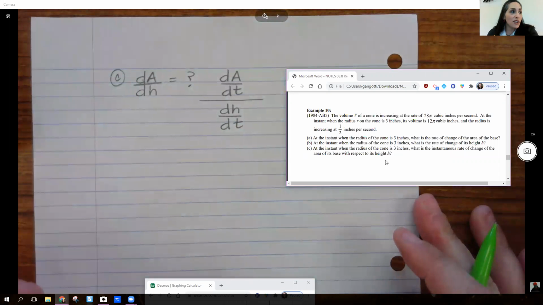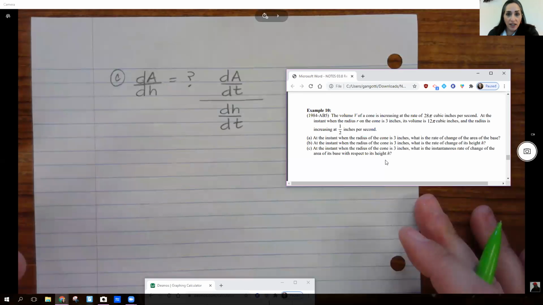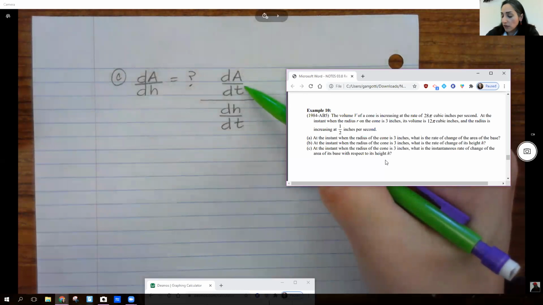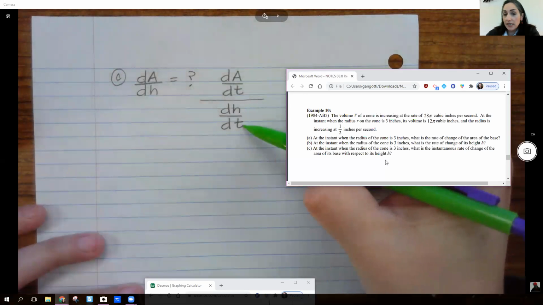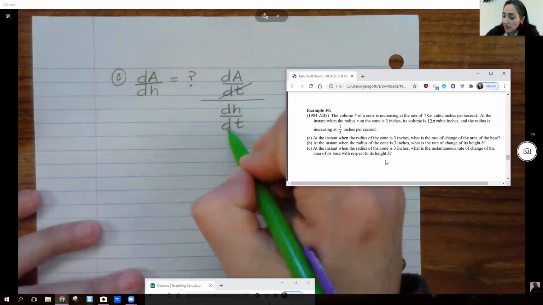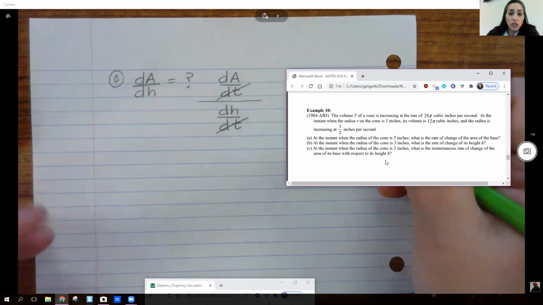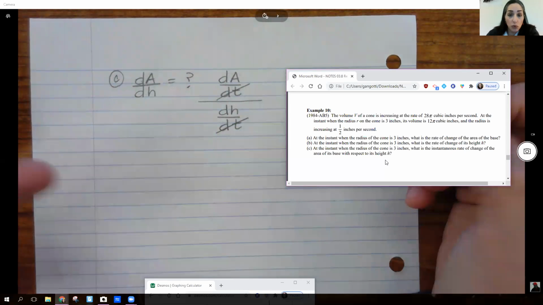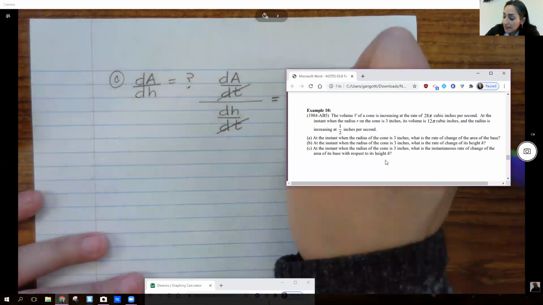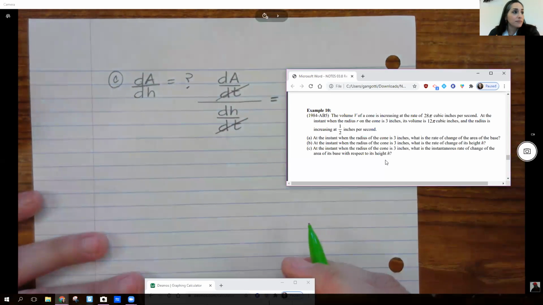Remember these derivatives that are written as fractions, like change in y over change in x, they're just fractions. So we can treat them like fractions. If I have dA over dt, which we did figure out, and dH over dt, which we just figured out, and I divide them, I can cancel out these dt's. Or you could just do keep, flip, change, and the dt's will cancel out that way. And you'll be left with dA/dH.